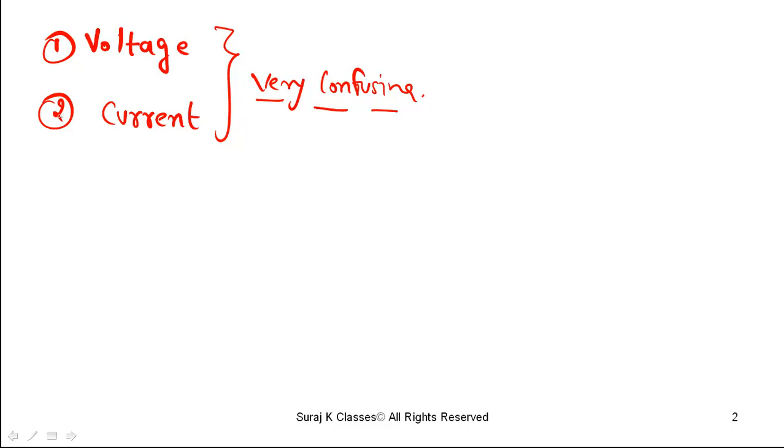Somewhere it is written like 230 volt, V stands for volt. Let's assume it is written like 230 volt, 1 ampere.